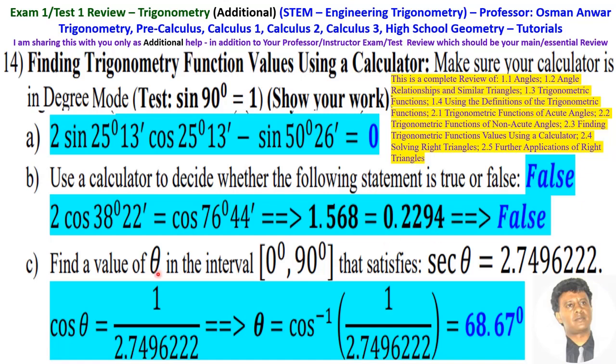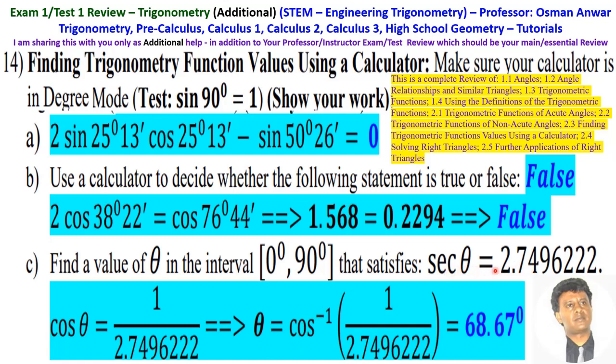Okay. Find theta in the interval between 0 and 90 that satisfies sec theta equals 2.7496222. So in the calculator, you do not have a key for sec, cosec, cotan, but you have a key for sine, cosine, and tan, and they are inverse. So what we do is we convert this into cosine.